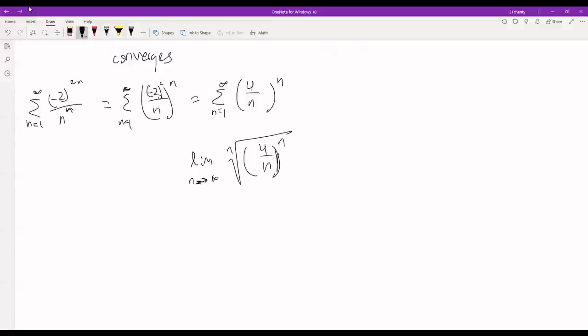And now the n cancels out. We're left with the limit as n approaches infinity of 4 over n, which equals 0. So this is also convergent, and actually is absolutely convergent.